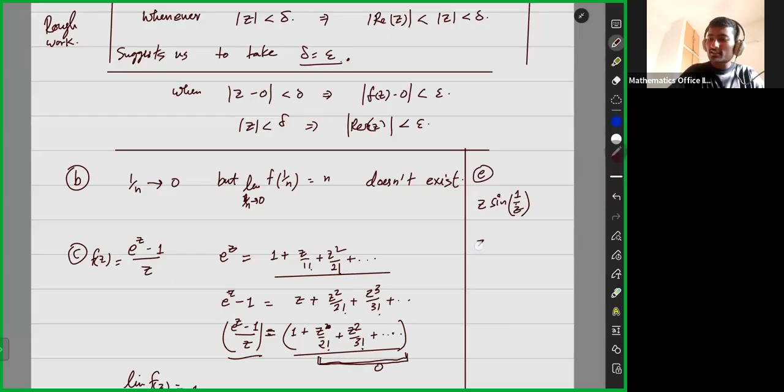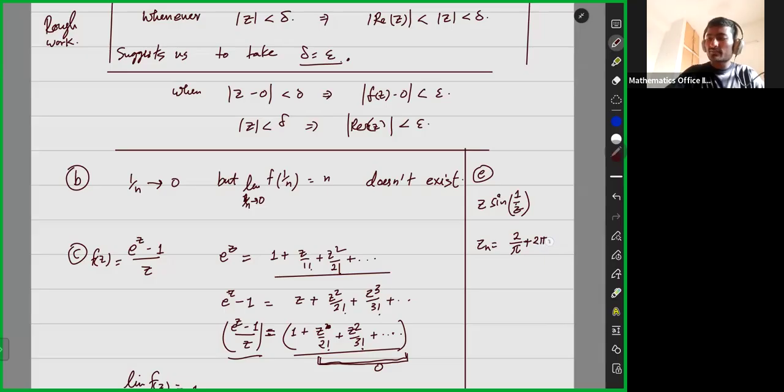We'll create some sequence. Let's say zn is equal to 2 by pi, so that when we invert it, it becomes pi by 2. After one pi by 2, I want to reach the same point again. So we need 2 pi plus, so we add 2 pi every time.